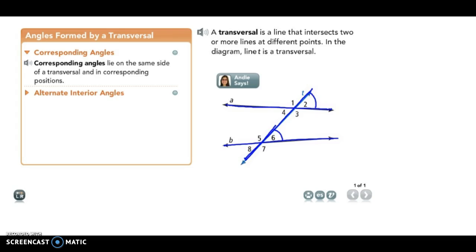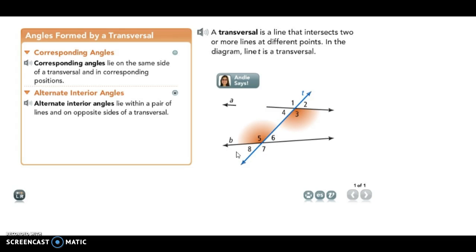So 2 and 6 are corresponding angles. As we're looking at it, 4 and 8 are also corresponding. 5 and 1 are corresponding angles. And 3 and 7 are corresponding because they're both in the lower right-hand corner of one line cut by the transversal.